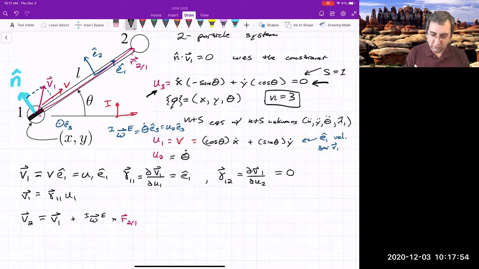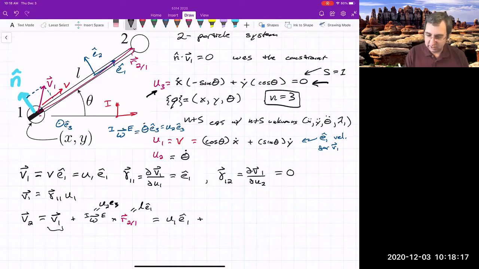We know everything here. This is u2 E3, and R21 is L E1. And V1 is u1 in the E1 direction.